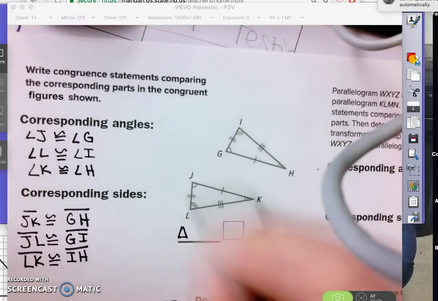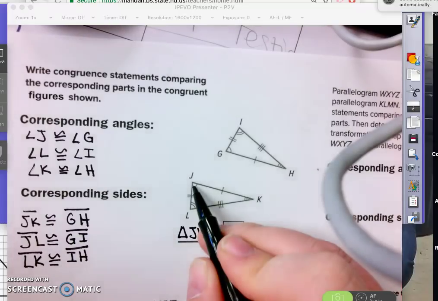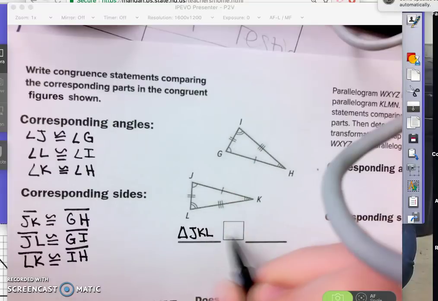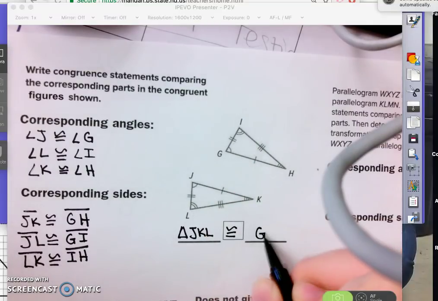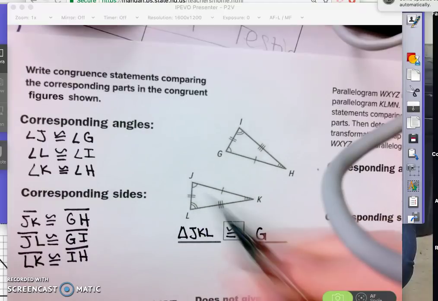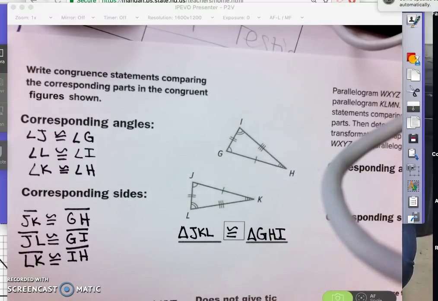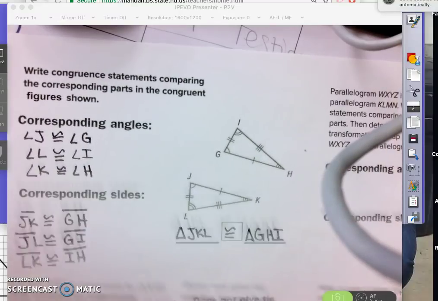So in this triangle, JKL, I started with the J, is congruent to G, and I went to K next, so H, GHI. And don't forget my triangle symbol.